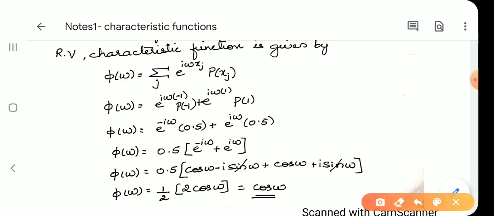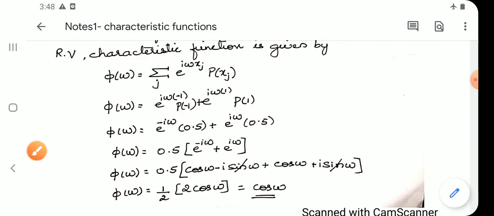So here I sin omega cancels. 0.5 can be written as half. Cos omega plus cos omega becomes 2 cos omega. 2 in the numerator, 2 in the denominator cancels. We get cos omega. So the characteristic function of the given discrete random variable is cos omega.